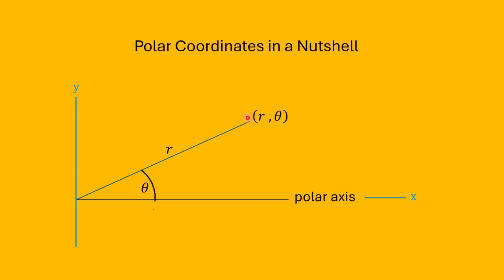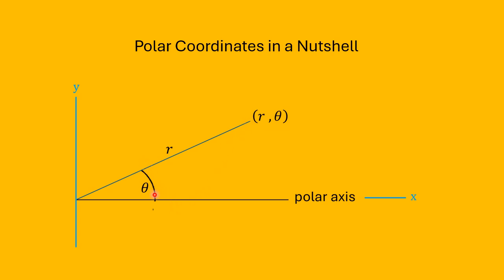We have a point out here and we want to define the polar coordinates r, comma, theta. Well, the first coordinate r is the distance from the pole, which is right here, more or less like the origin of a coordinate system, out to that point.